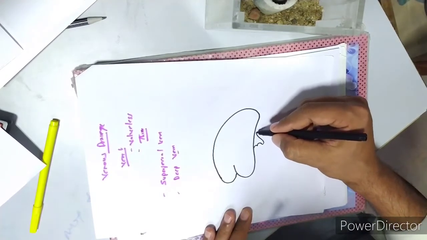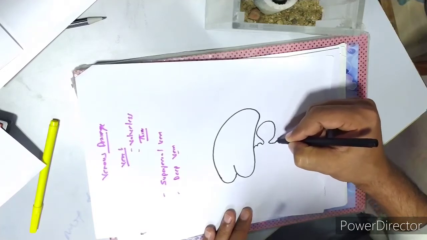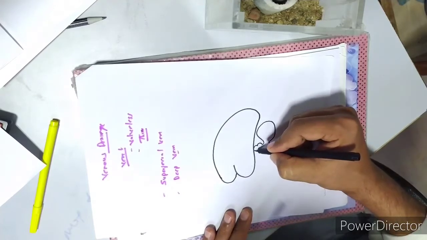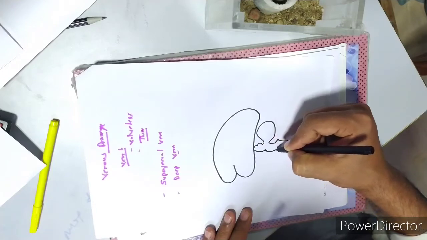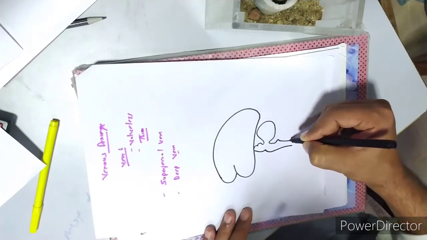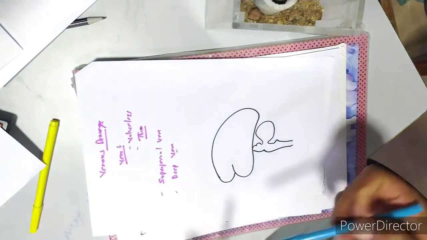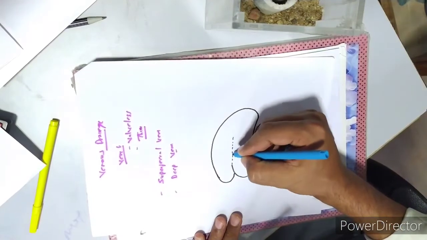This is the cerebellum. Here is the pons, medulla, and the spinal cord. Now here this is the lateral sulcus.